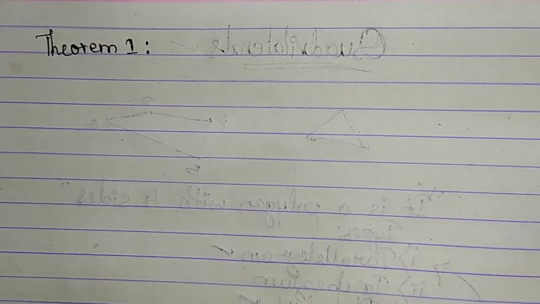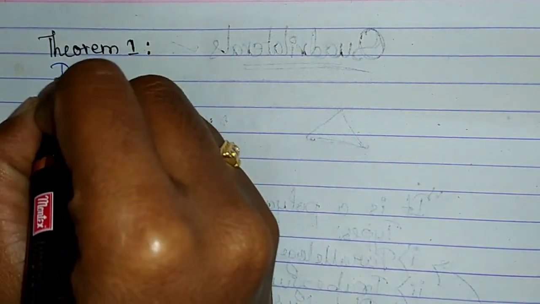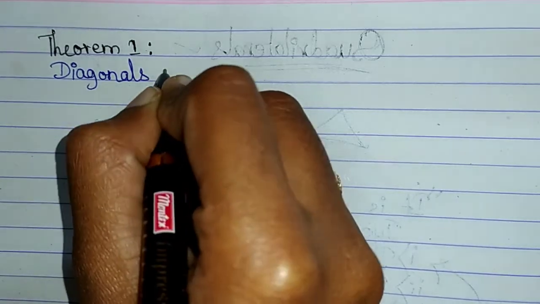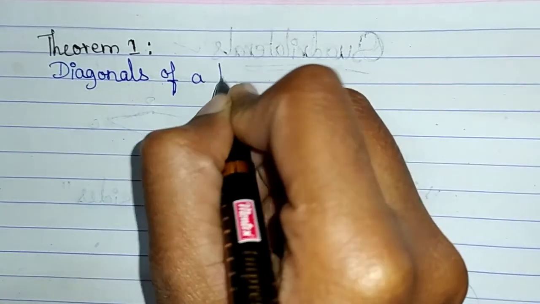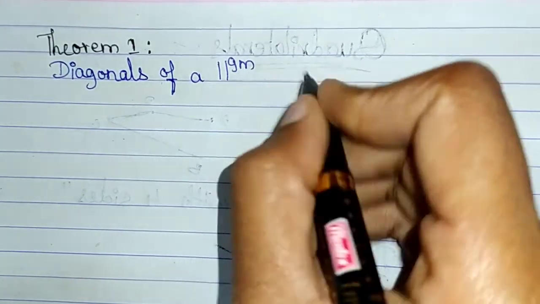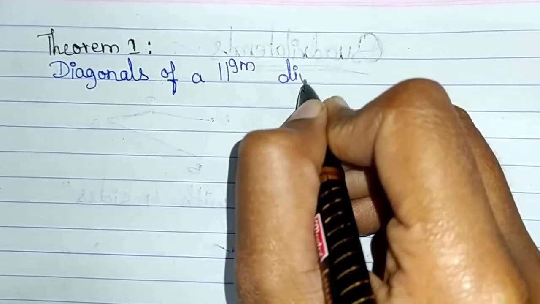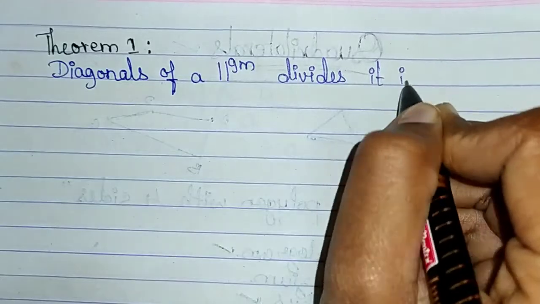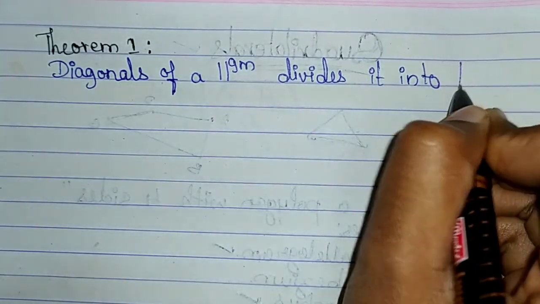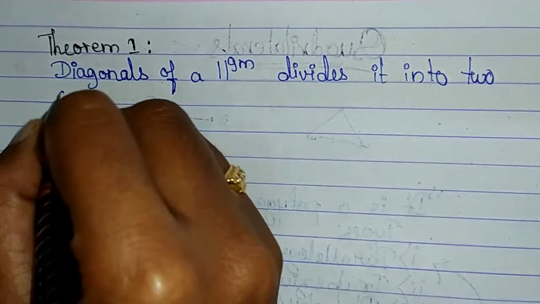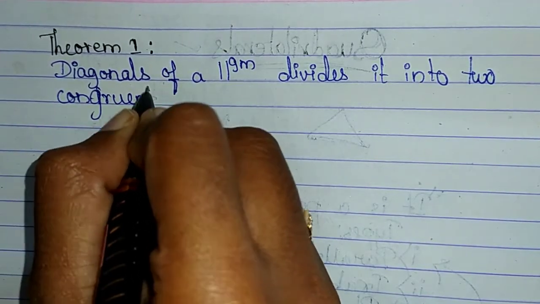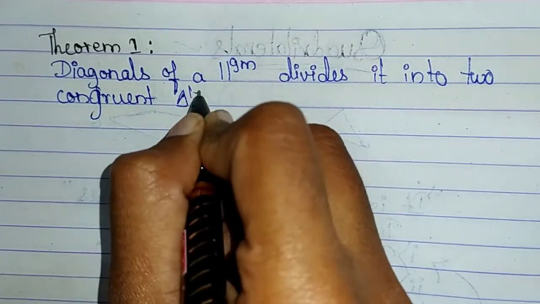So the first theorem states that the diagonals of a parallelogram divide it into two congruent triangles.